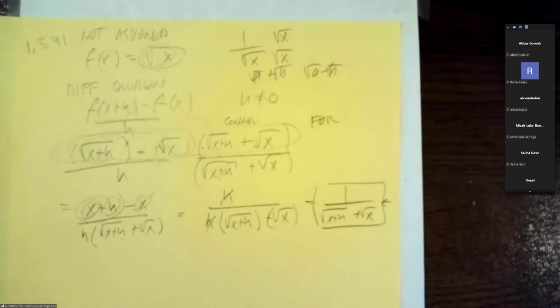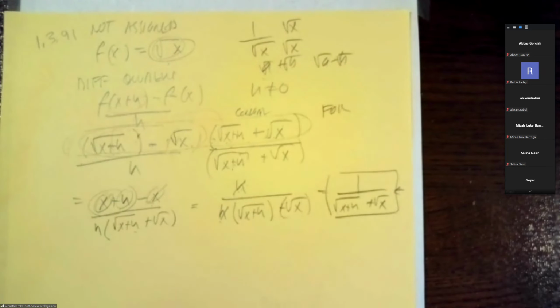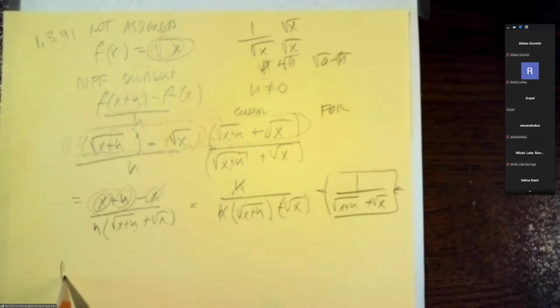Any other questions before we sign off? Could you do P.7, number 123? Is that an assigned problem? P7 123.